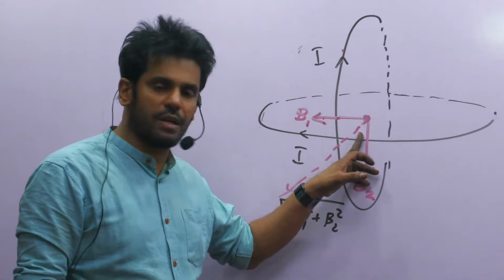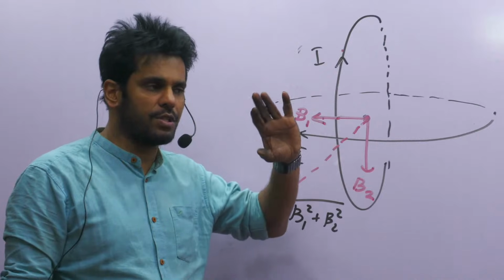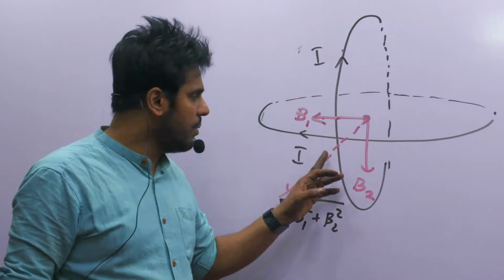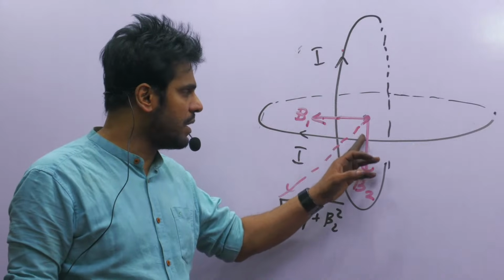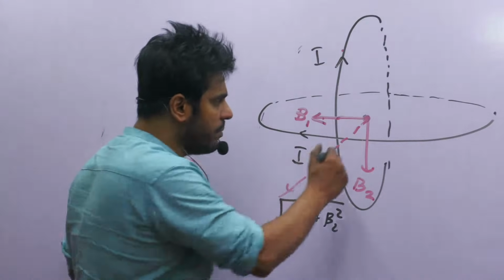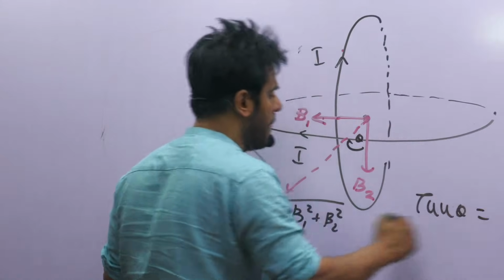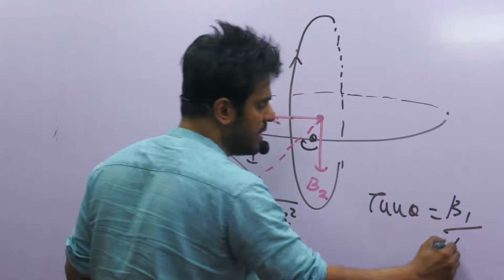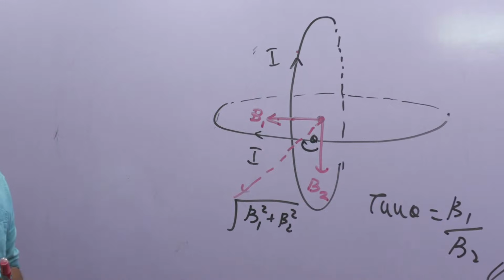If you want to find the direction, it is given by tan theta. Two perpendicular vectors: the magnitude is given by the Pythagoras theorem and the direction is given by tan theta. If you label theta here, tan theta is given by the opposite side B1 and the adjacent side B2, so theta is tan inverse of B1 divided by B2.